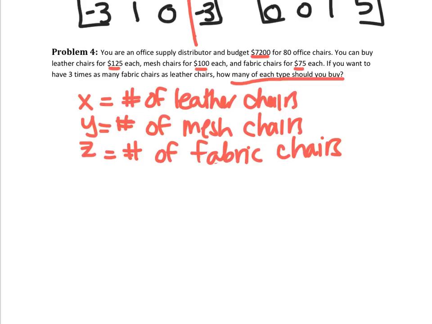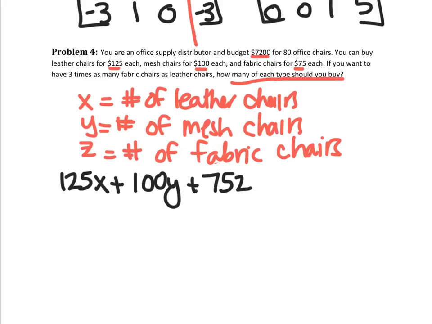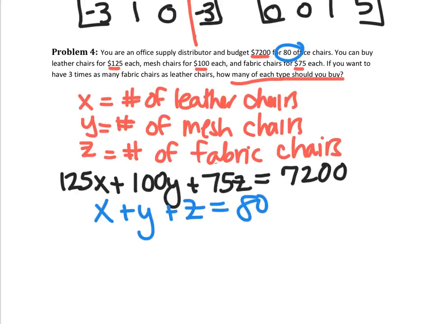If I'm buying x leather chairs at $125 each, I'm going to spend $125x on leather. Mesh chairs are $100 each, so that's 100y, and fabric chairs are $75 each, so that's 75z, and that equals 7,200. That's one fact. Another fact is we can have 80 office chairs, so x + y + z = 80.